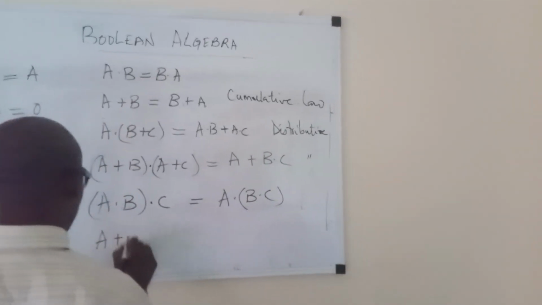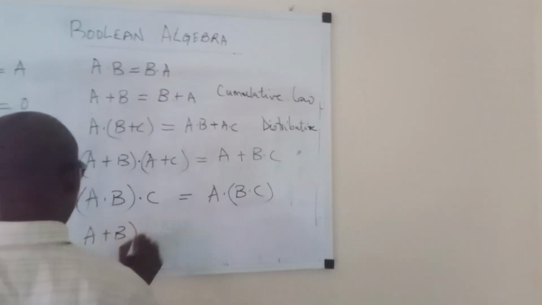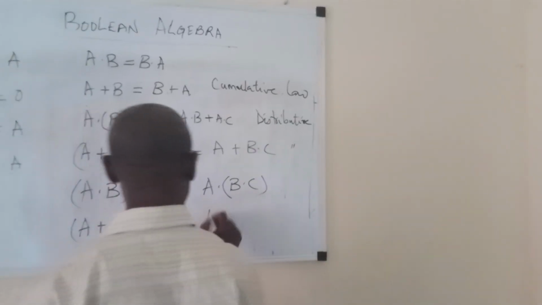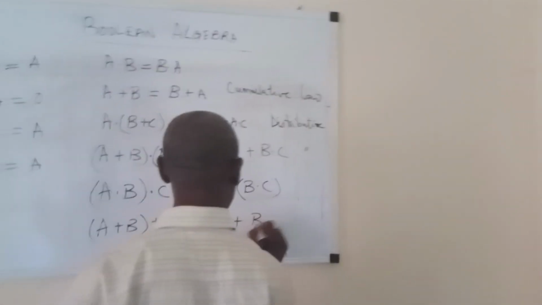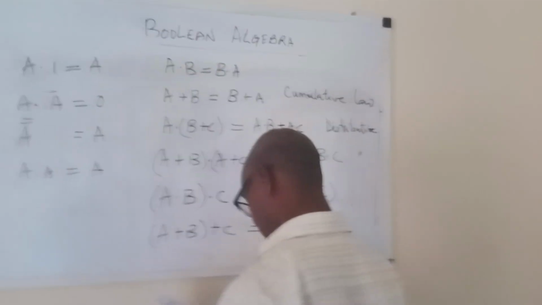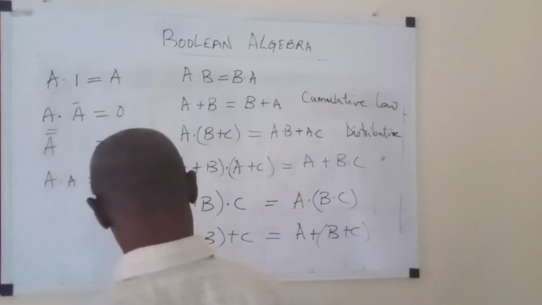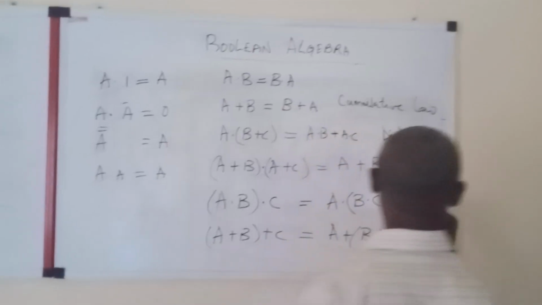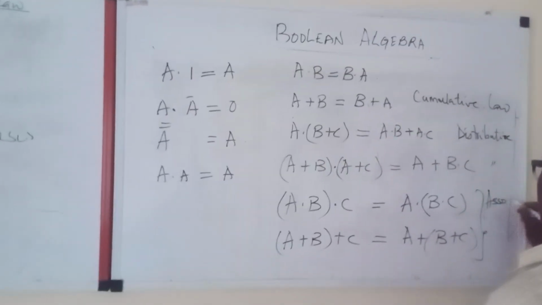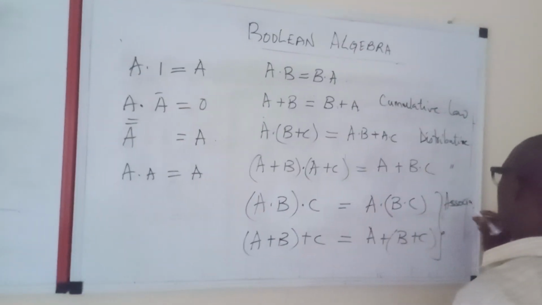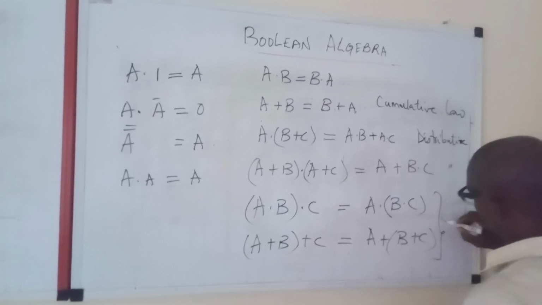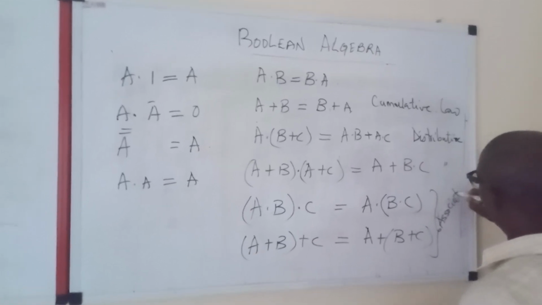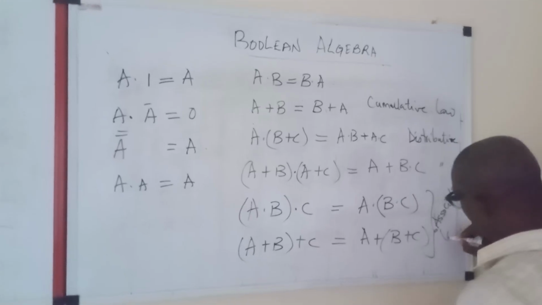(A or B) or C is the same thing as A or (B or C). This is also the associative law.